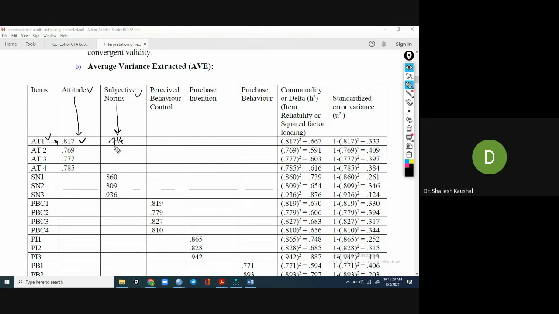It's a problem of cross loading. When one variable gives a high factor loading value on two or more constructs, it's a problem of cross loading. So how do we remove the cross loading?